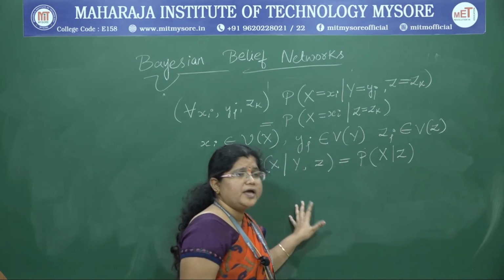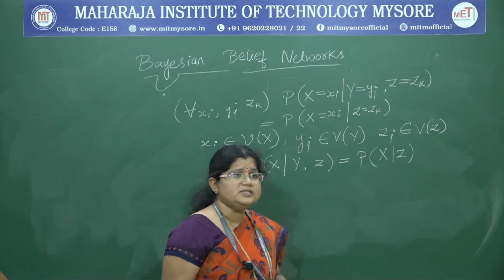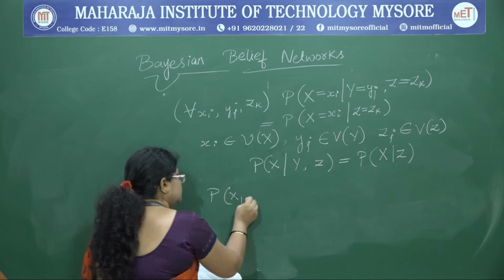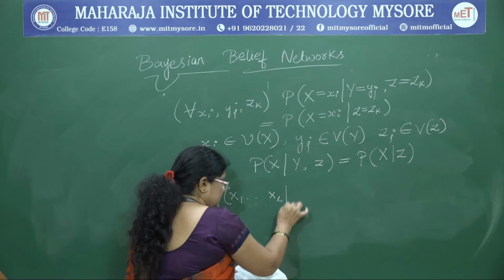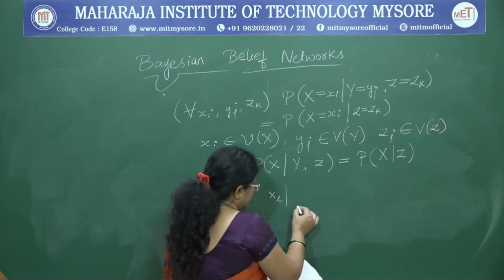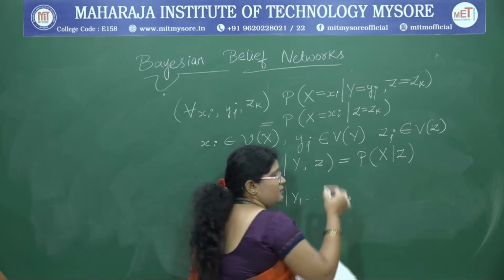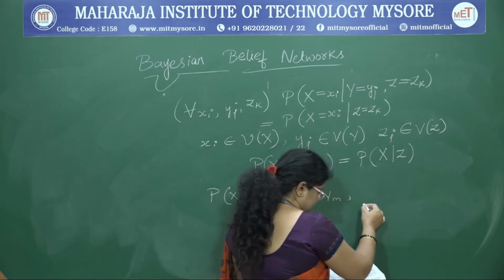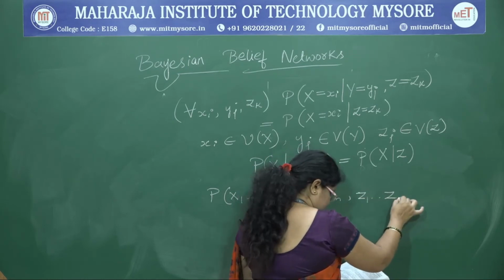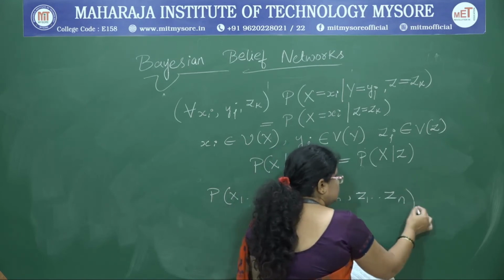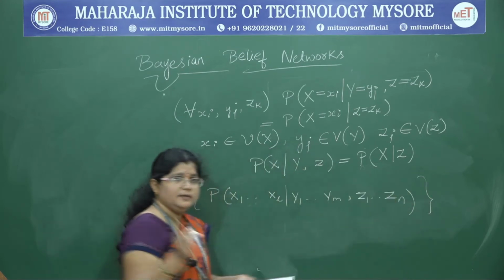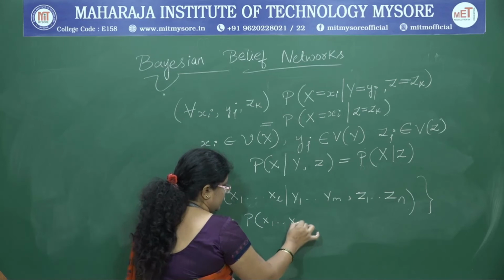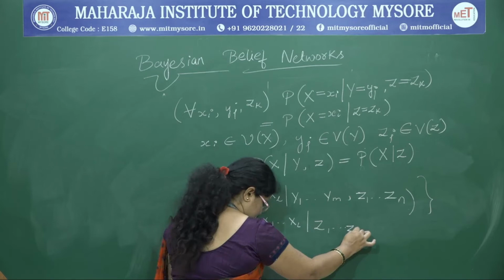Now, this equation can also be rewritten for sets of variables: the probability of x1 to xl given y1 to ym and the set of variables z1 to zn can be rewritten as P of x1 to xl given z1 to zn.